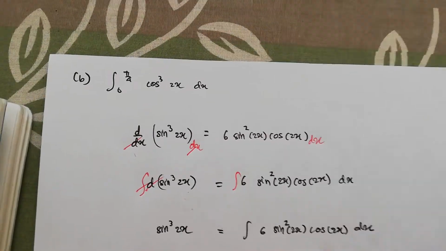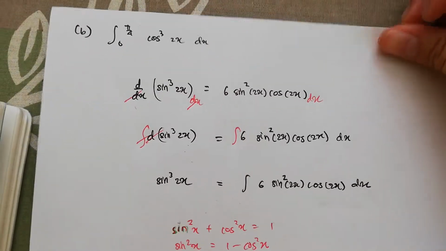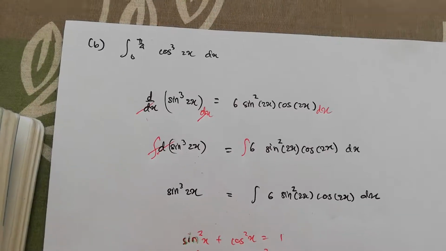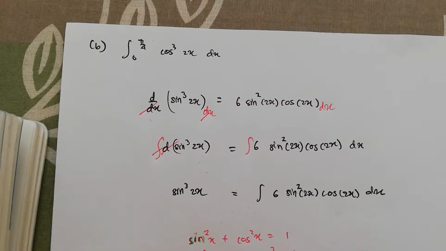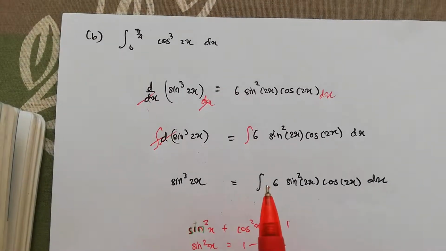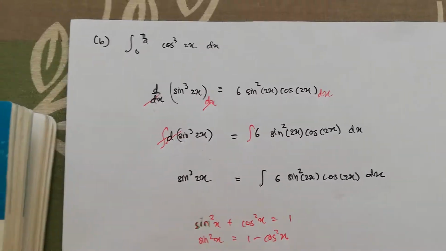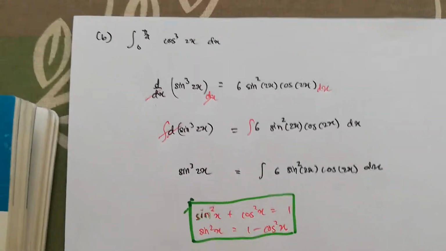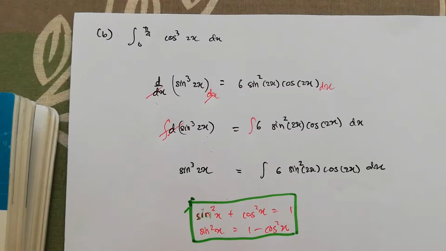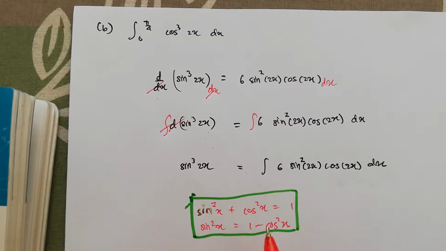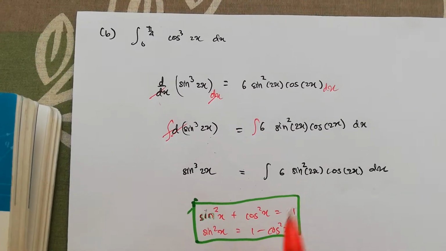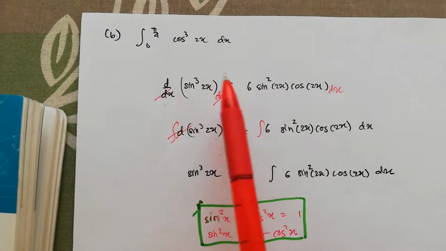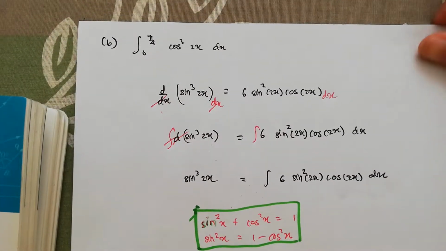The only way, I hope you remember, is your identity: square of sine x plus square of cosine x equals 1. So square of sine x is 1 minus square of cosine x. We can use this identity to change the sine into cosine, to manipulate it.